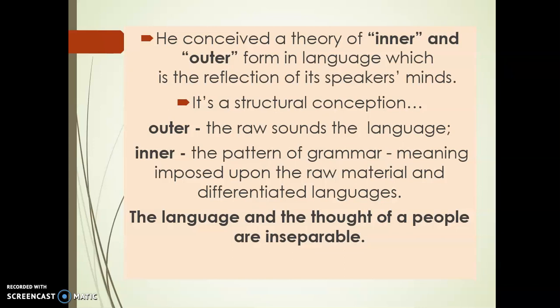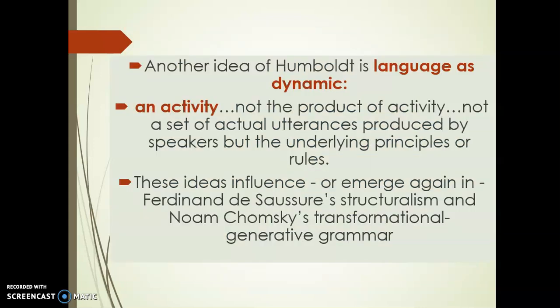Outer is the raw sounds of the language. Performance has to do with production. And inner is the pattern of grammar, meaning imposed upon the raw material and differentiated language. That is the knowledge of grammar. That is competence. Another idea of Humboldt is that language is dynamic. He says that language is an activity.